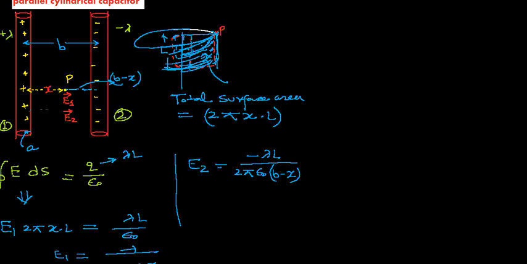E1 is from plus to minus and E2 is also from plus to minus, so this one will be plus and this one will be plus.